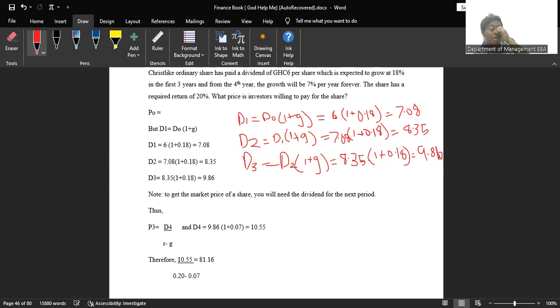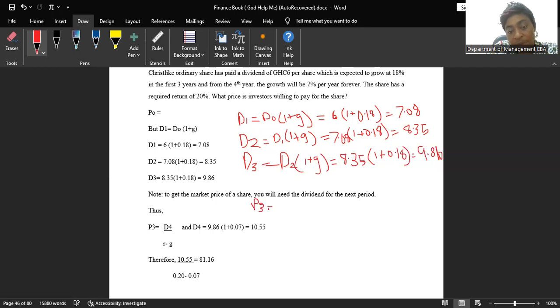So now we've done the first part. Then they said that for the final period before we move to the forever growth, we find the price for that final period. So we're going to find the price for D3, that will be P3.